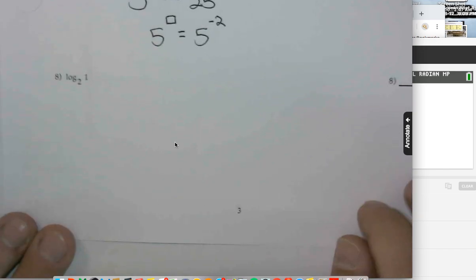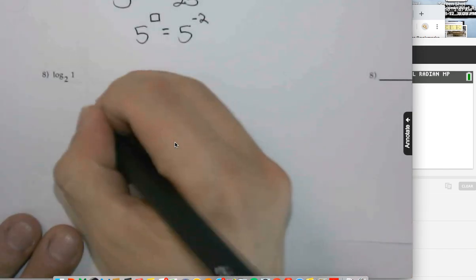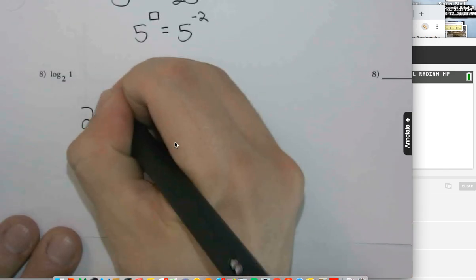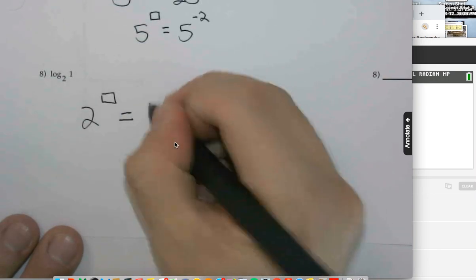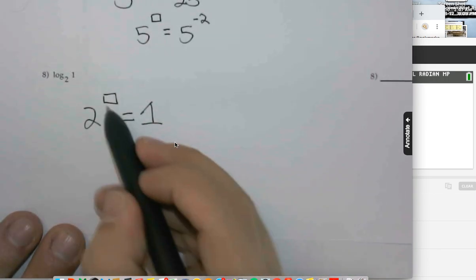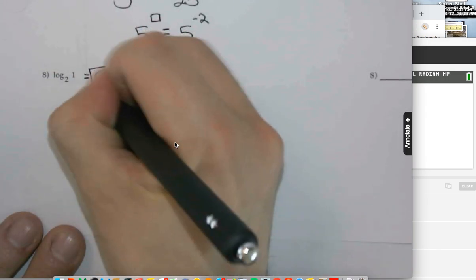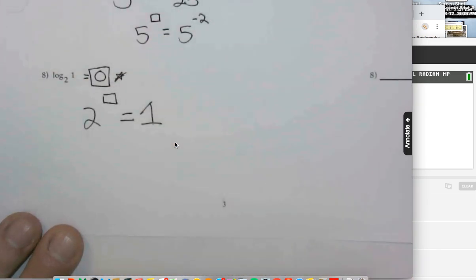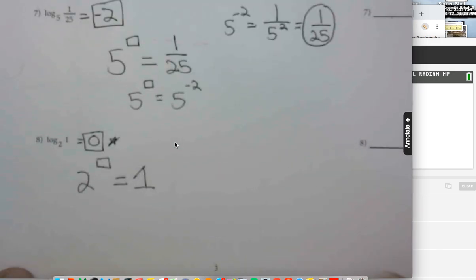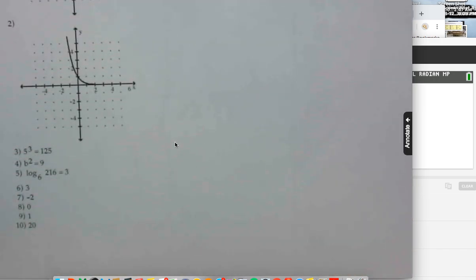And I didn't even need a calculator, so check me out. Same song and dance. 2 has some exponent that when evaluated equals 1. Anything to the 0 power is 1, so our answer in this case is 0. See ya. Same song and dance.